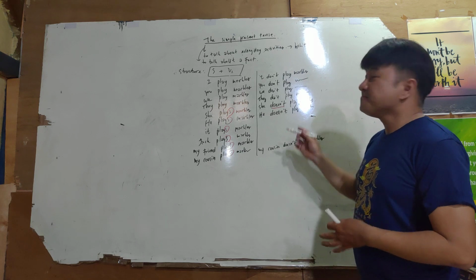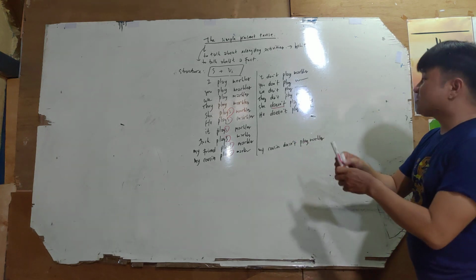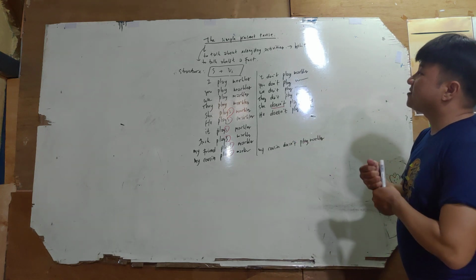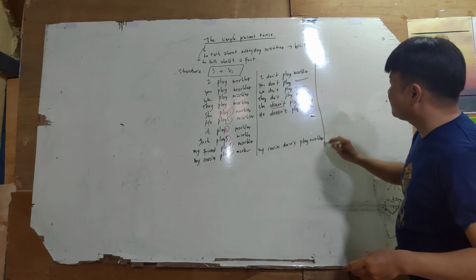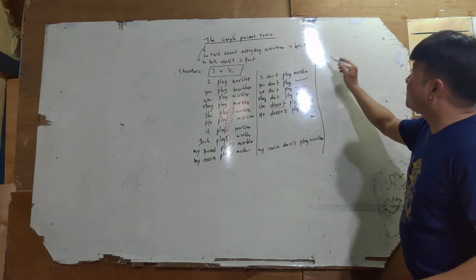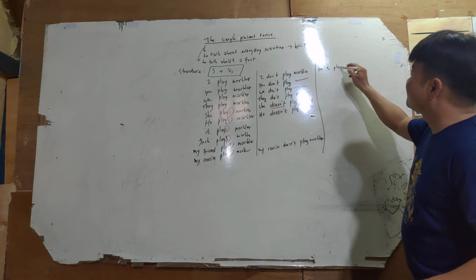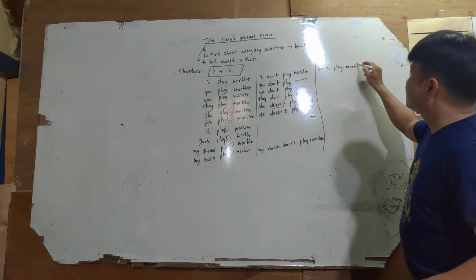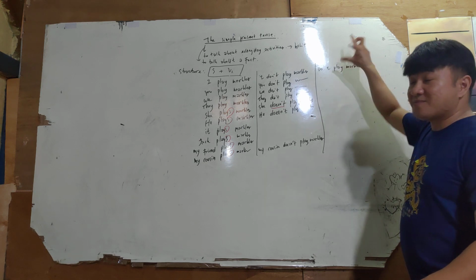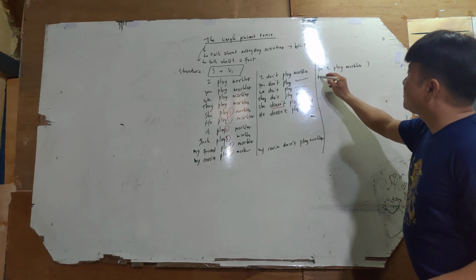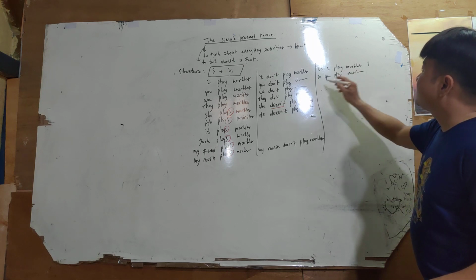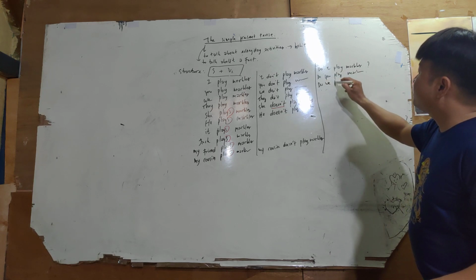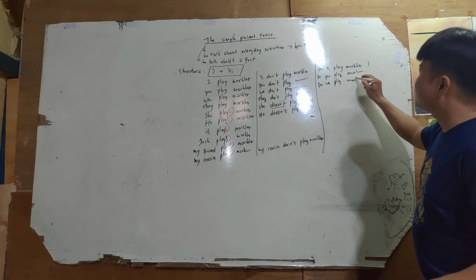Okay, hope it's clear. And the last one, we are going to make the interrogative sentences, or the question form. It becomes, do I play marbles? You can change it to do you play marbles, it's okay, that makes sense too. Do you play marbles? Do we play marbles?